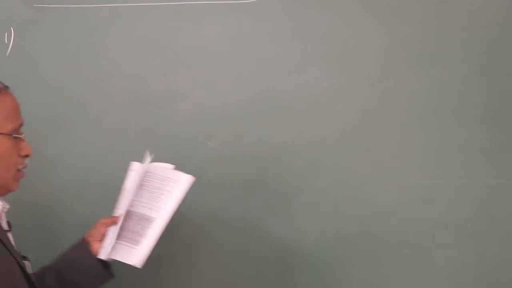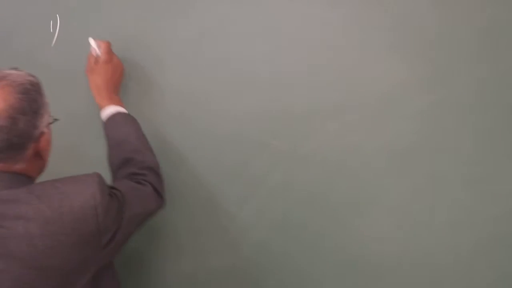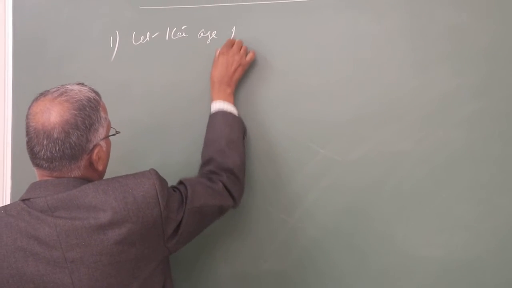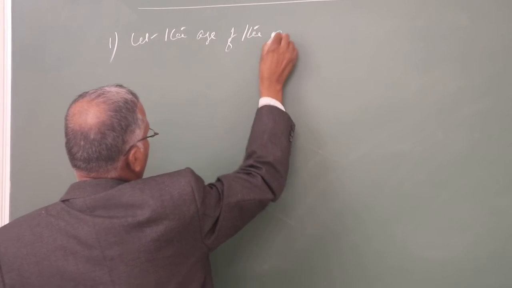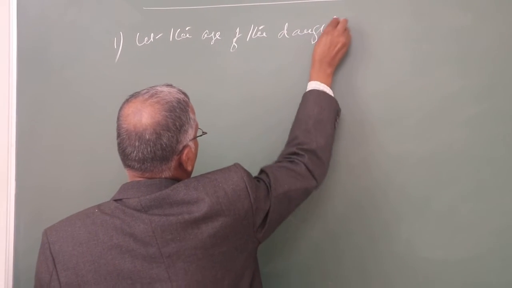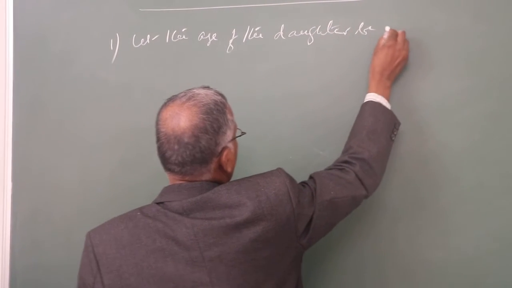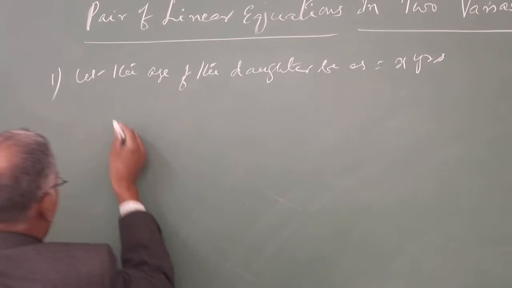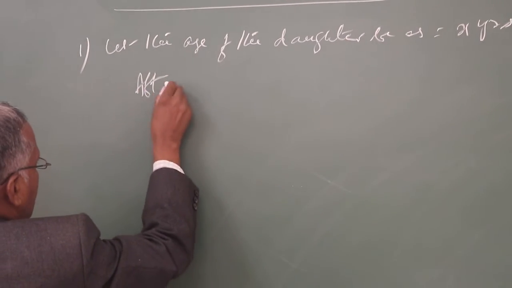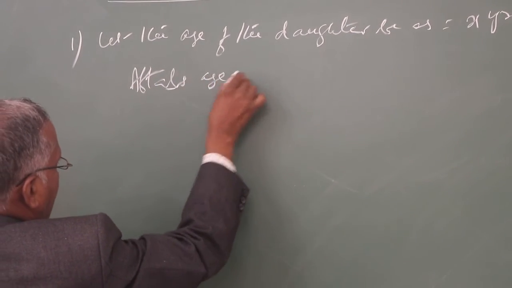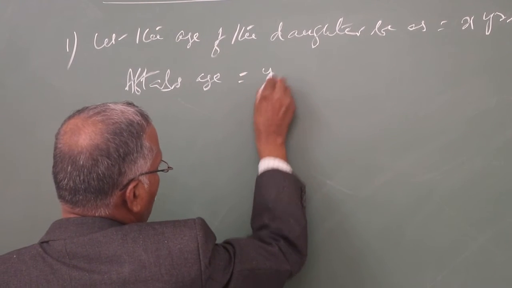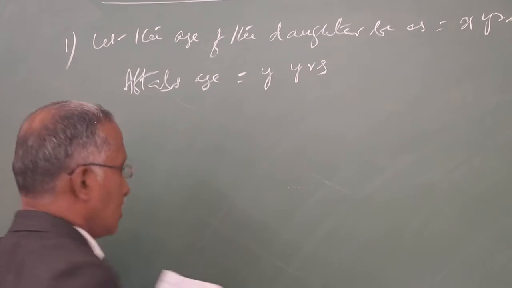First one, let the age of the daughter be x years. Then Aftab's age, the father of that girl, be y years.